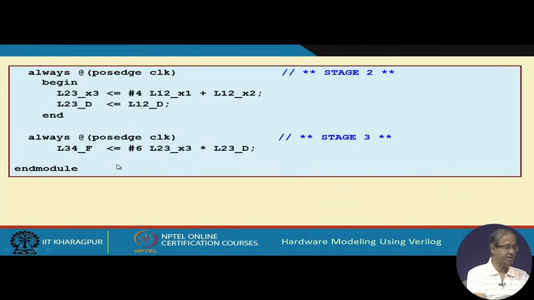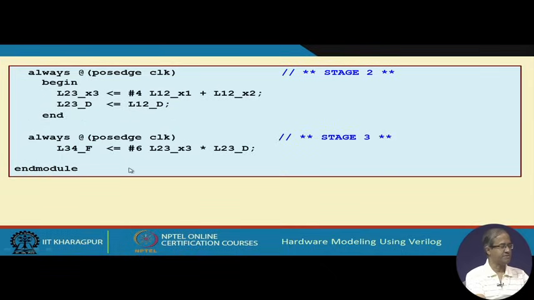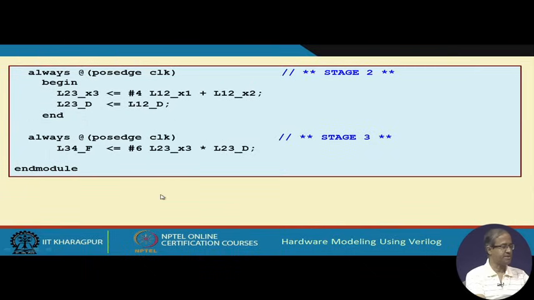Now, this style is equivalent to the previous one, but this code is more readable, because you are showing the stages separately and the person who is seeing it will be very easily able to appreciate and understand the stages. Okay? And there is another reason that we will see later with another example, that there is another need why we need to break it up into multiple stages.